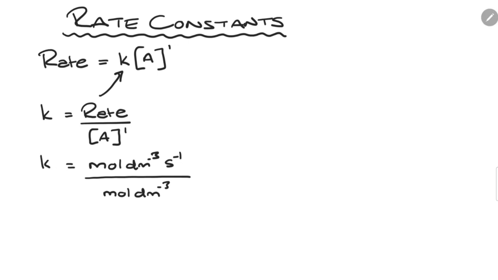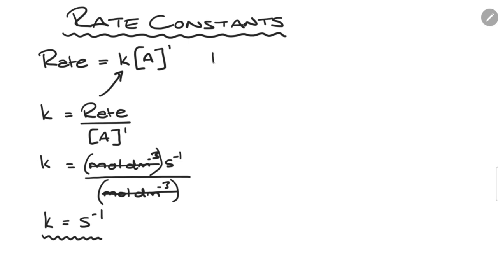This therefore means that we will be able to cancel out this concentration term on the top with the corresponding concentration term on the bottom. This will leave us with a rate constant for a first order reaction of seconds to the minus 1.